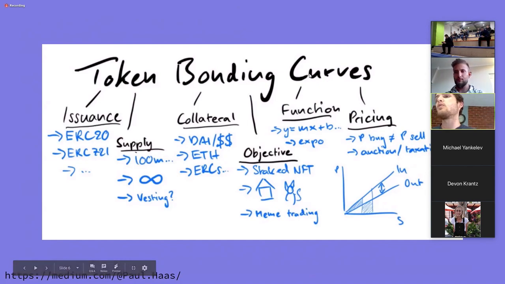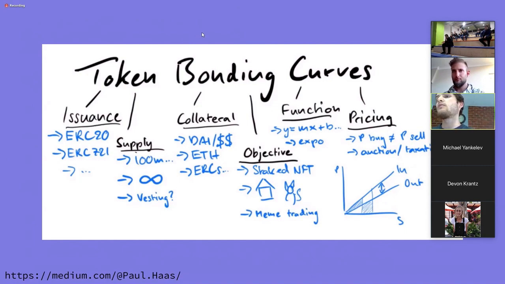In the case of a meme, your objective is to try and find a price. It's a price finding mechanism. So if people start buying along the curve, they buy 10 tokens, another 10 tokens, and continue on, the market eventually will decide they are no longer willing to pay the price for a share in a specific meme. And in that way, it's a price finding mechanism. You reach a point of equilibrium.